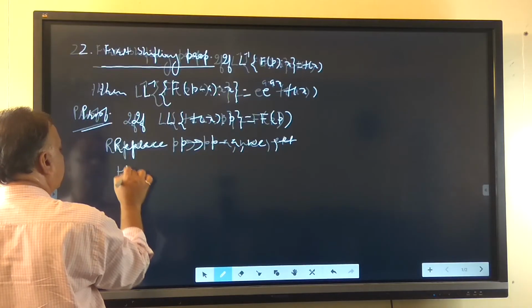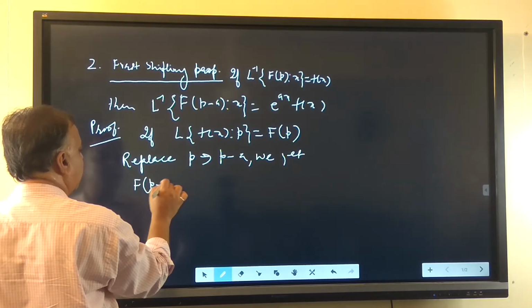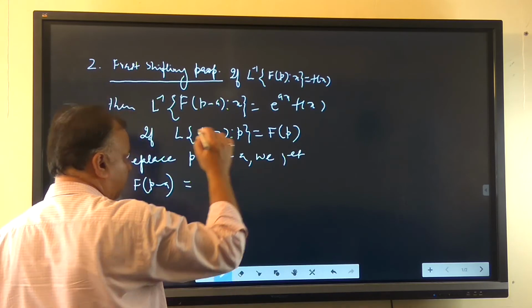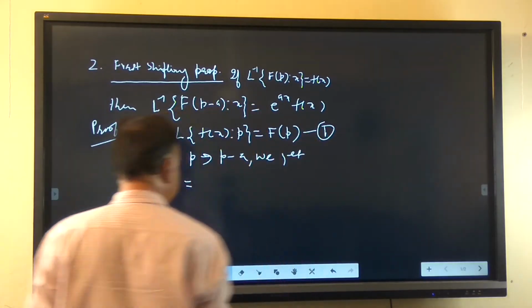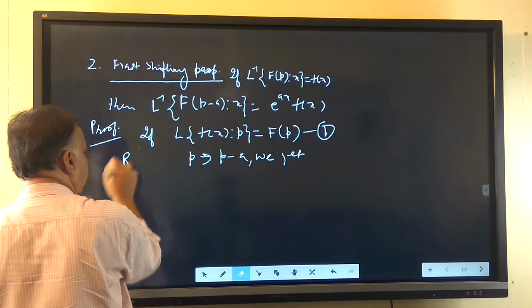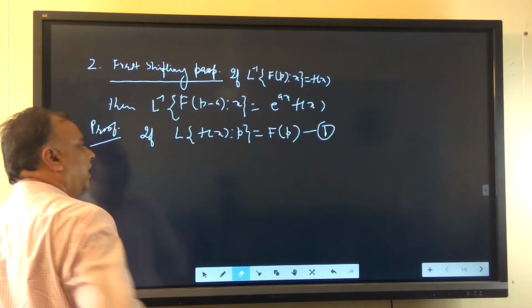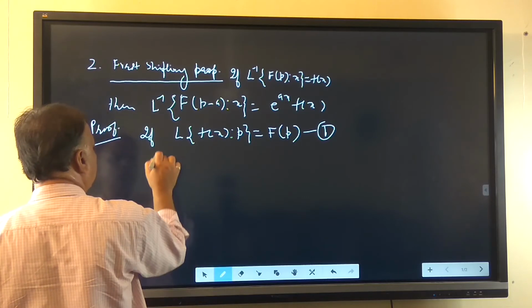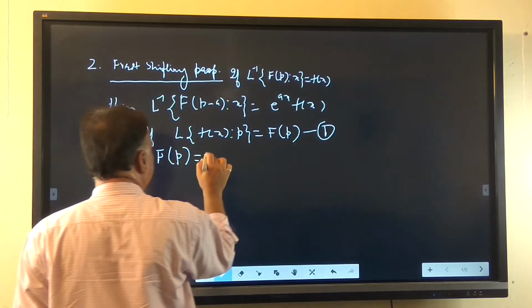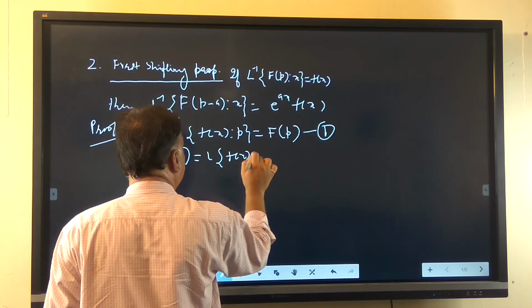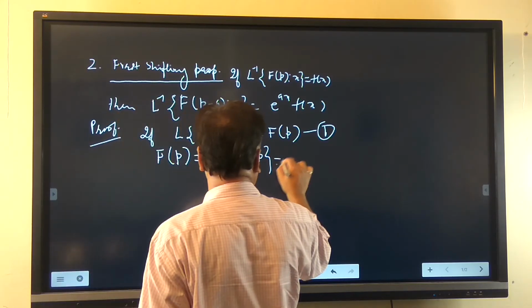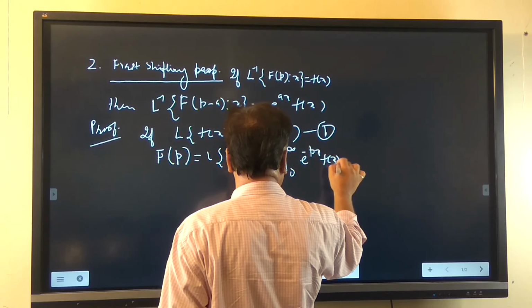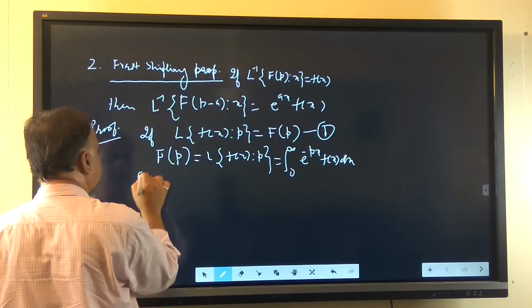First we write the first equation in complete integral form: F(p) is equal to the Laplace transformation of f(x) with respect to p, which is equal to the integral from 0 to infinity of e raised to minus px f(x) dx.